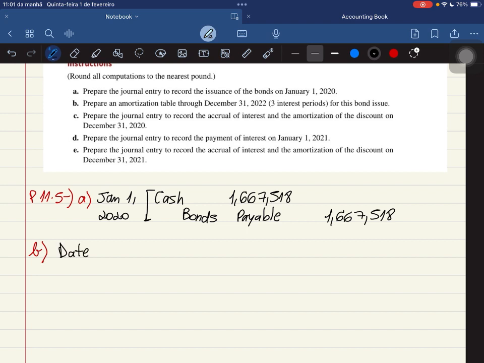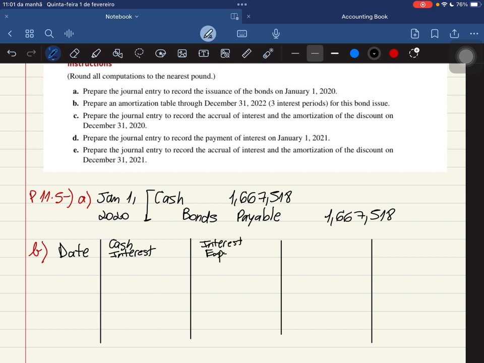So I'm just going to go ahead and make a table. For this table, you need 5 spaces, right? You need the date, and then you need the cash interest, the interest expense, the premium or discount amortization. In this case, it is a discount.